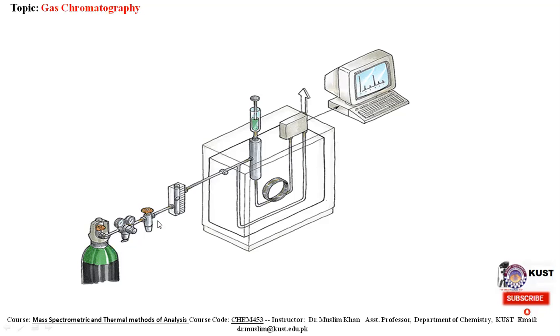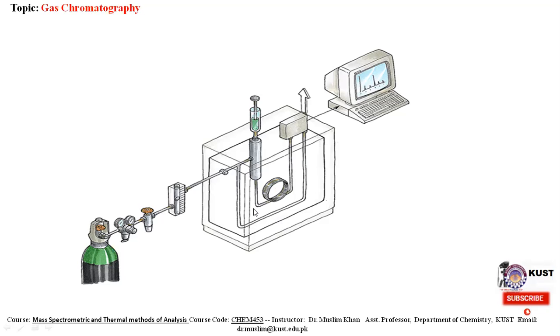And here is the injection port where you are injecting your sample. And then this is the column of the GC chromatographic system. Usually this column is very long, and it is placed inside this thermostat oven, whose temperature you can control.